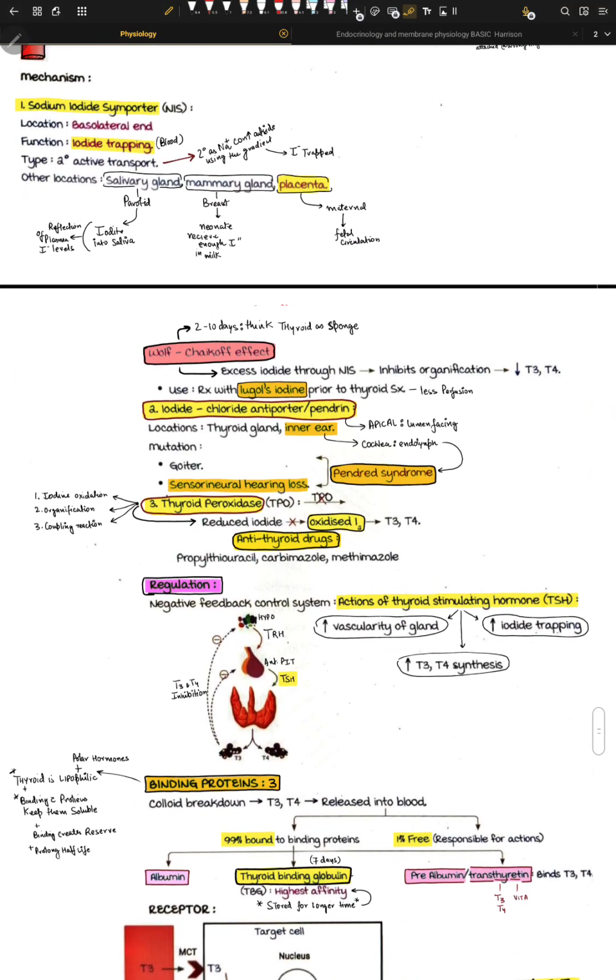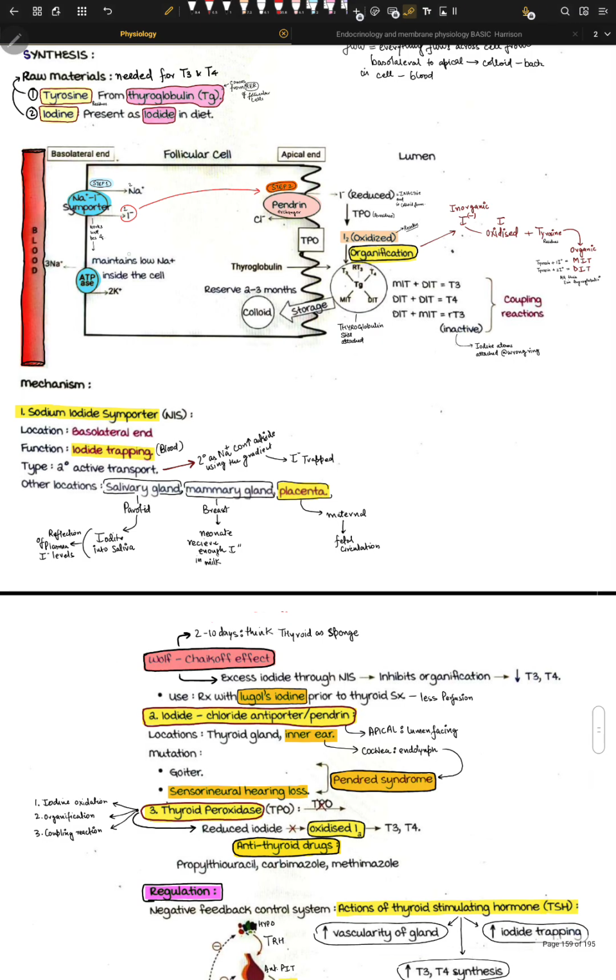Okay, so mechanism. The mechanism is this. I already told you that the sodium iodide symporter is present right here. Location is basolateral, of course, at the blood, because all the nutrients come from blood. Function is iodide trapping, of course, with 2 Na, 1 iodide is trapped inside the cell. Type means what kind of transporter it is. Is it active or is it passive? Now it's a secondary active transporter.